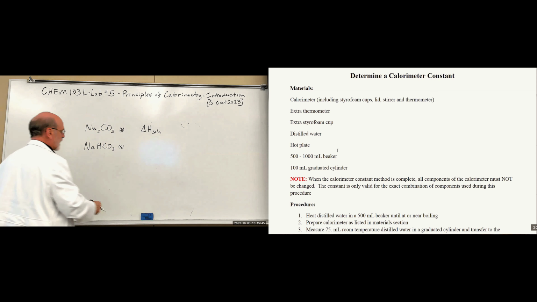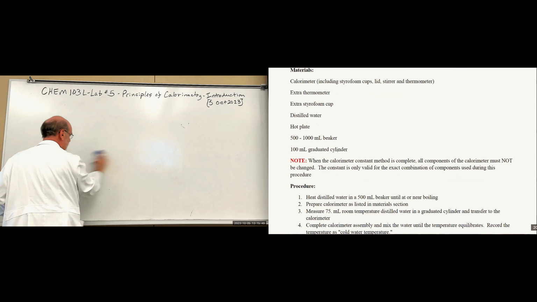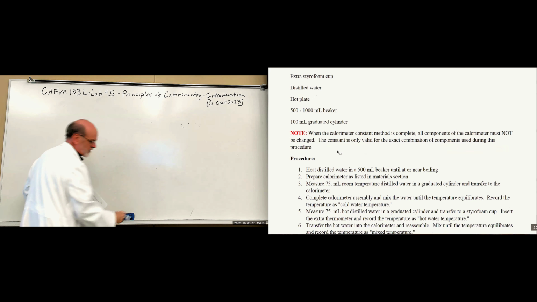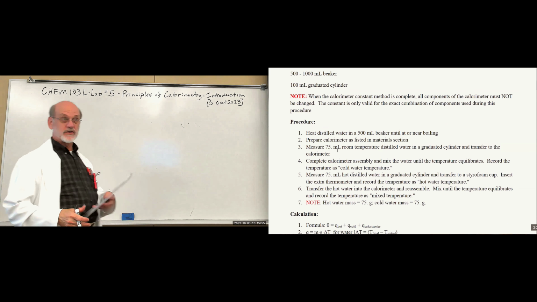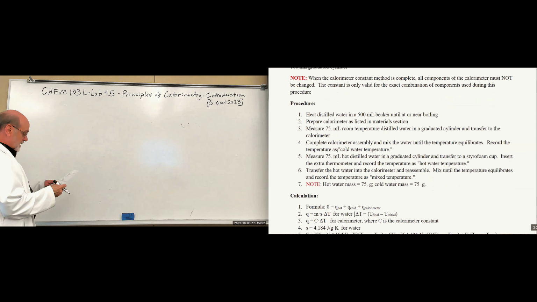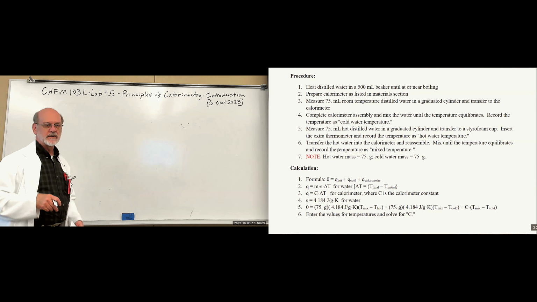Okay, so how do we do the calorimeter constant? We're going to take that example from the lecture where we added hot water and cold water together, and that's the way we're going to do it. So in this case, we're using 75 milliliters of room temperature water and 75 milliliters of hot water.